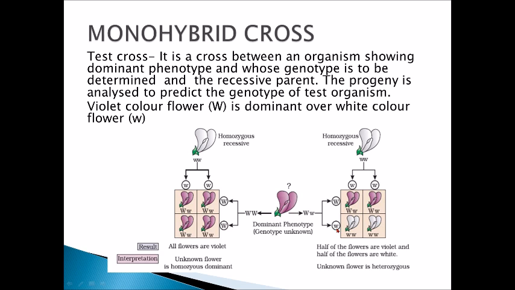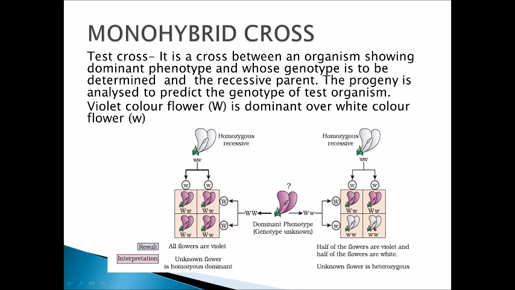And when it is crossed with the homozygous recessive parent, the 2 combinations will be capital W and small w, and these 2 will show violet color, whereas the remaining 2 will have both recessive genes and hence they will show white color.